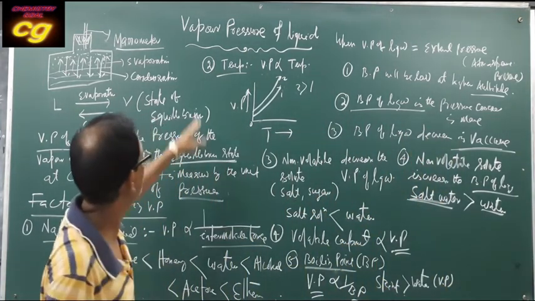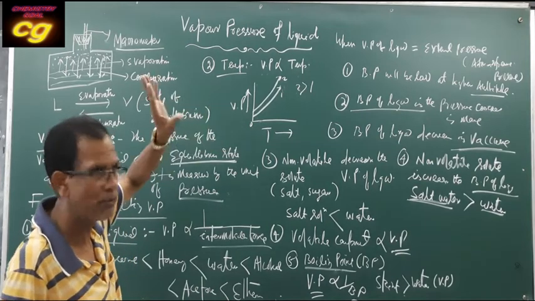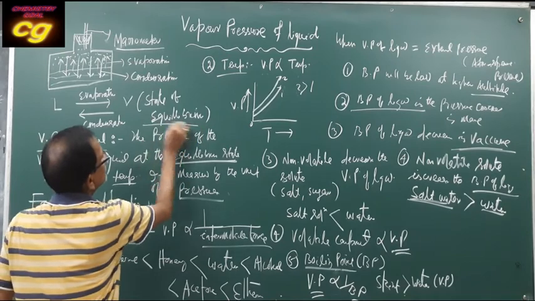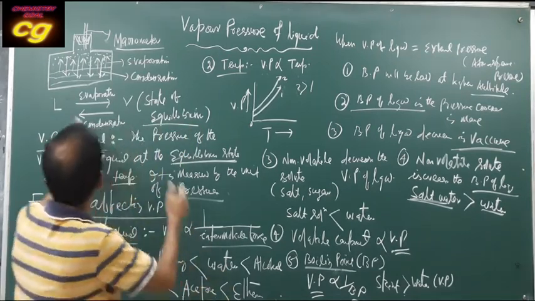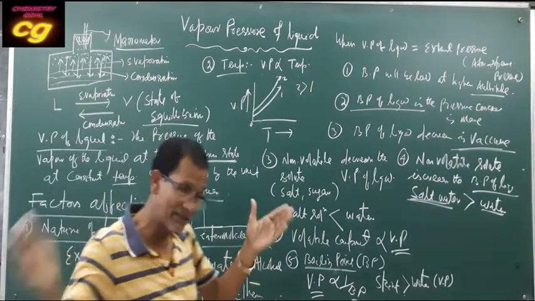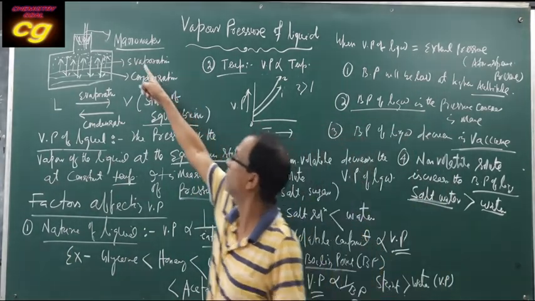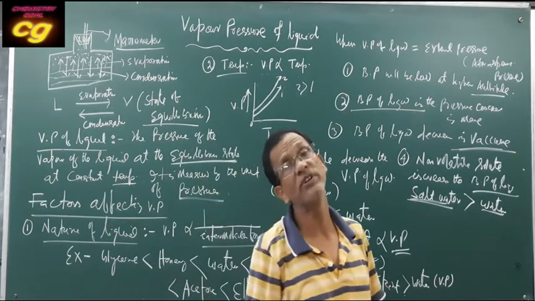Vapor pressure is measured only at the equilibrium state. When vapor and liquid are in equilibrium, at this stage, when you measure the pressure using a manometer, that pressure is called the vapor pressure of the liquid.